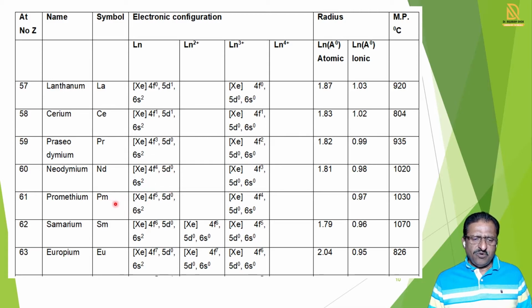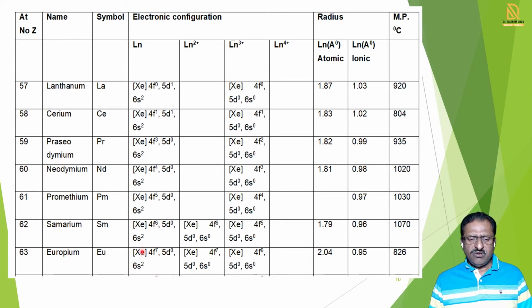Then Pm, or promethium, 4f5, 5d0, 6s2. Samarium, 4f6, 5d0, 6s2. Europium, 4f7, 5d0, 6s2. Now see, in europium 4f7 electrons are present, and the total capacity of the f orbital is 14 electrons.